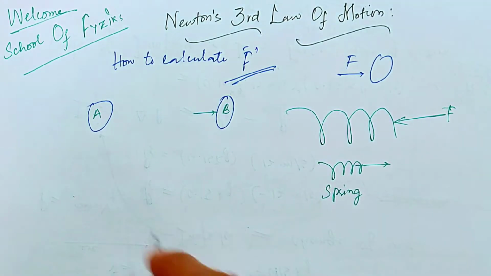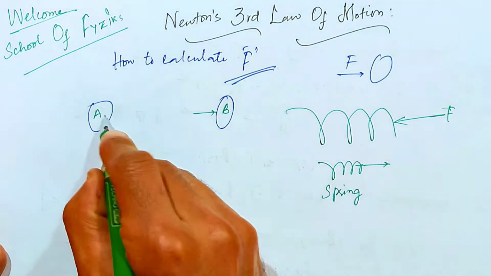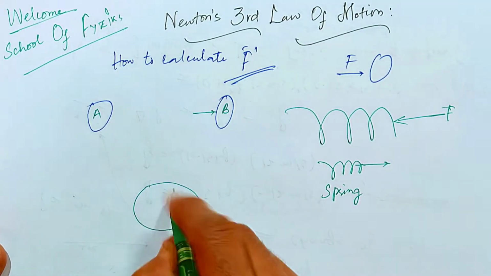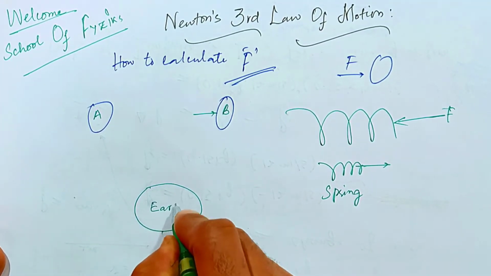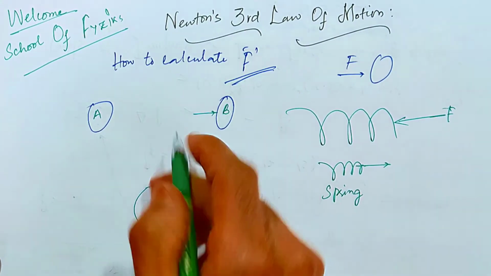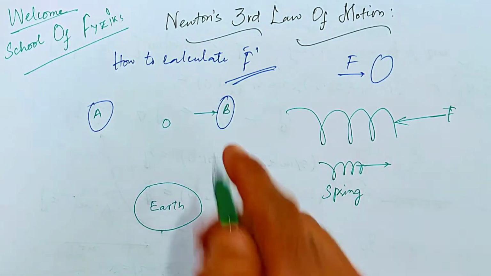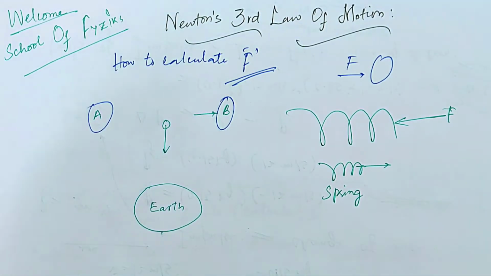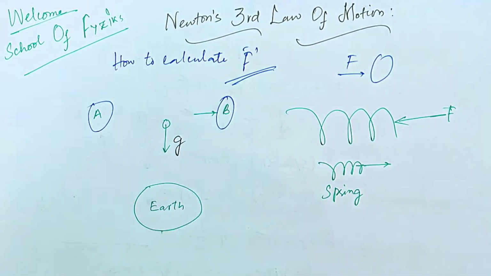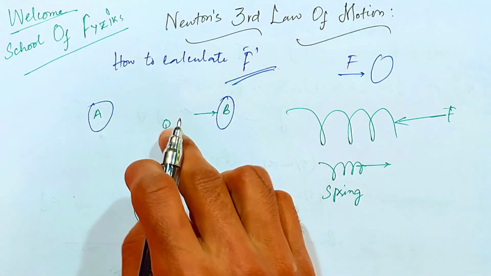Say this is a body which is the Earth, and some stone is dropped from here under free fall. We know that it will get down because there is gravity, and it will be accelerated under the effect of gravity, and the gravitational force will be applied onto this body.